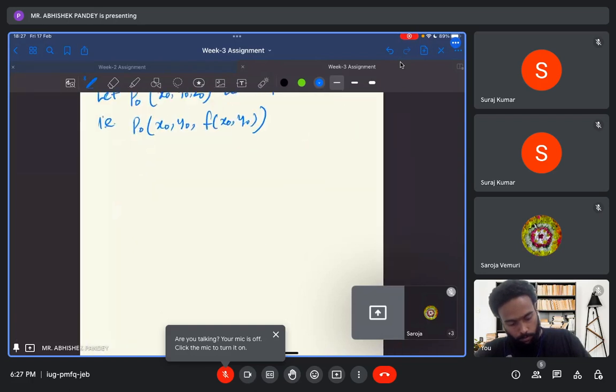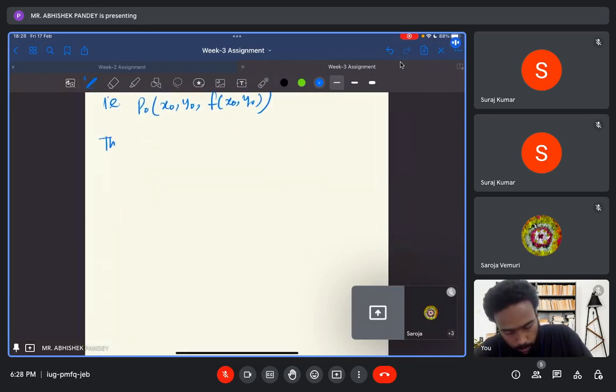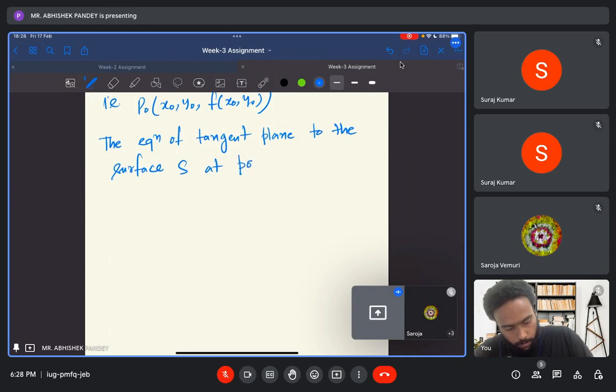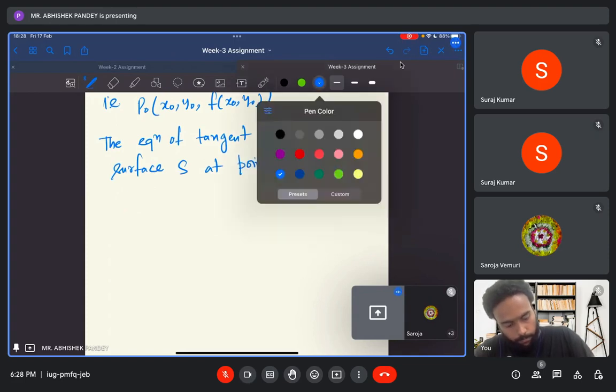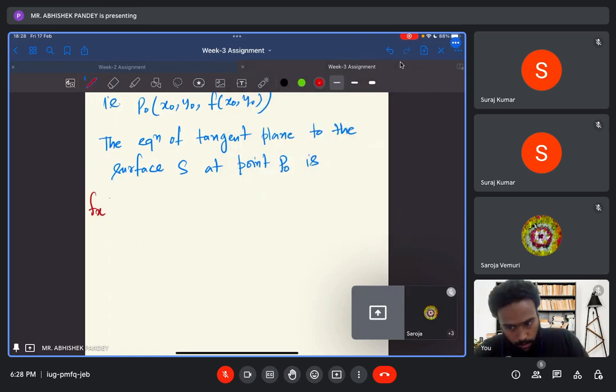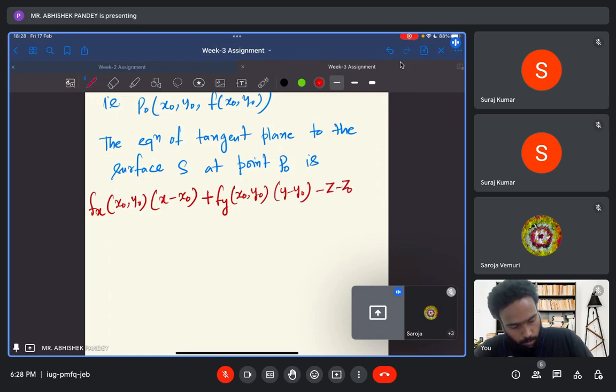Okay, so the equation of tangent plane to the surface S at point P naught is f_x at (x naught, y naught) times (x minus x naught) plus f_y at (x naught, y naught) times (y minus y naught) minus (z minus z naught) equals 0.